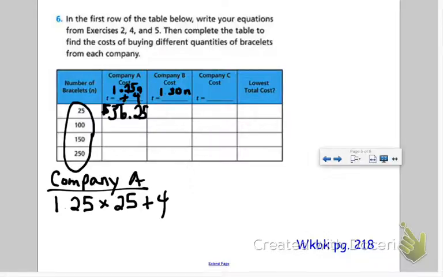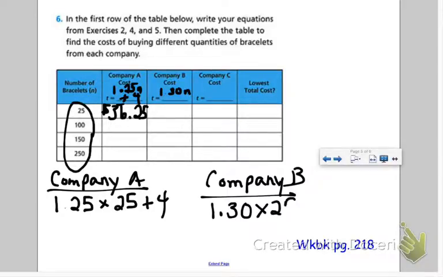If I went with company B, I would just have to do $1.30 times the number of bracelets. So I would do $1.30 times 25, and $1.30 times 25 is $32.50. And I don't have to worry about shipping there. So if I'm just buying 25 bracelets, so far company B looks like the better way to go.